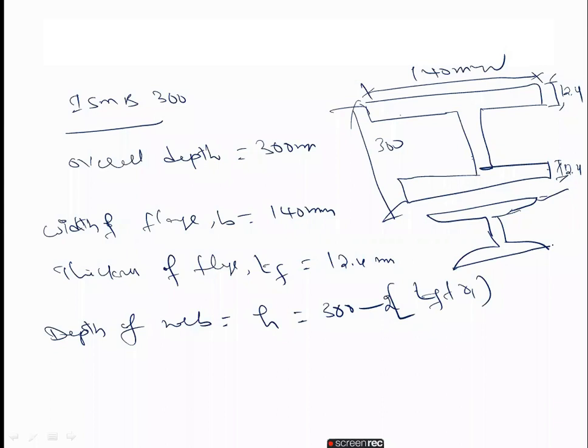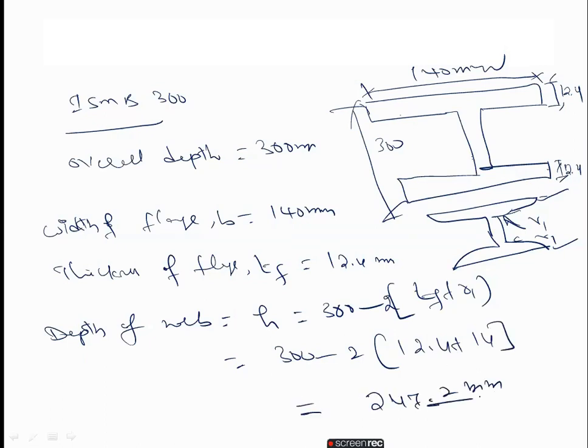So you have to remove this as well as this R1 on both sides. 300 minus 2 into thickness of the flange 12.4 plus R1, taken from the table, you will get 247.2 mm. Next, the thickness of the web, from the table, is 7.5 mm.